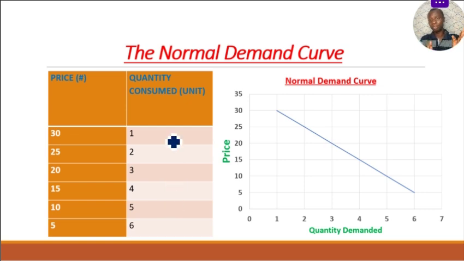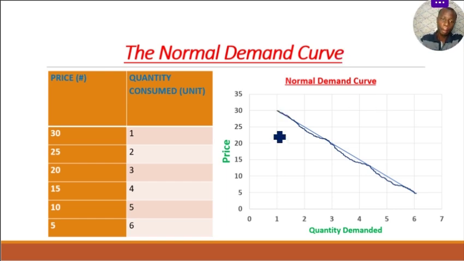And we all know there is a negative relationship between the price of a commodity and the quantity you purchase or demand as a rational consumer over a given period of time. That is why the demand curve will always slope downward from left to right. That is, the higher the price, the lower the quantity demanded.